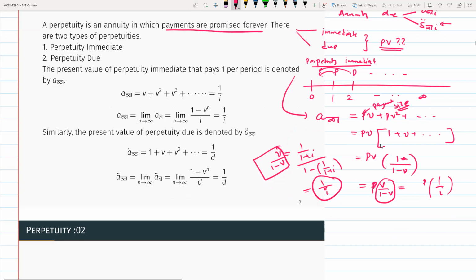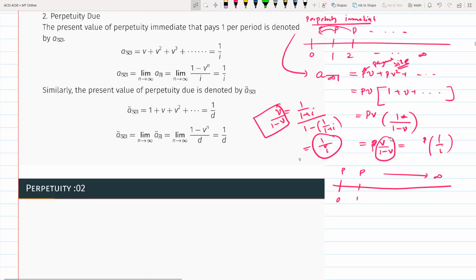The other one is perpetuity due. The difference is basically the first payment starts at the beginning of the time period, and it goes to infinity. Okay. So again you can write the formula. This would be P plus Pv plus Pv square. The notation is a double dot with infinity here.